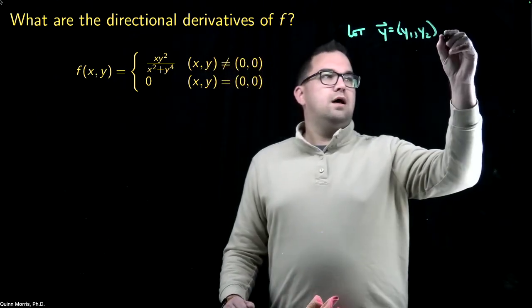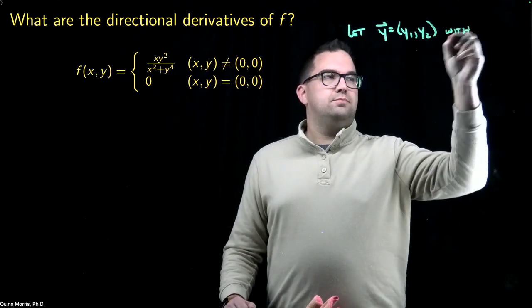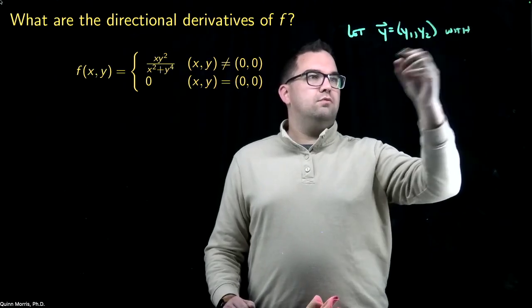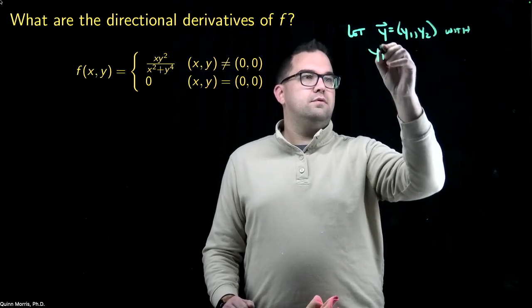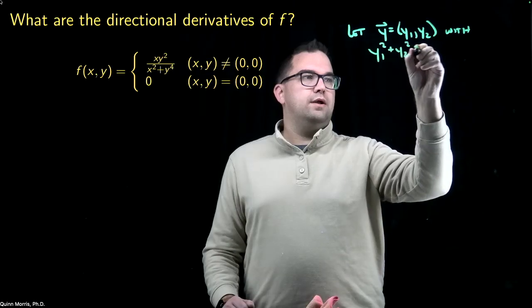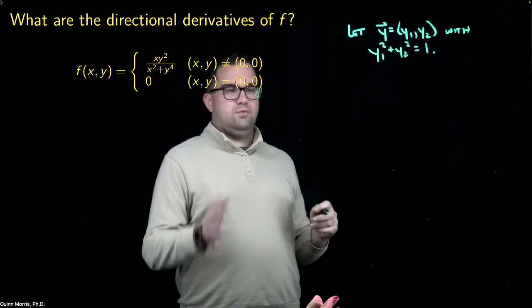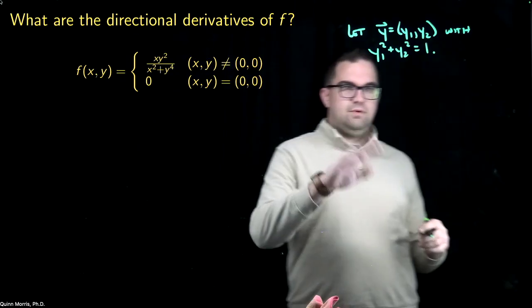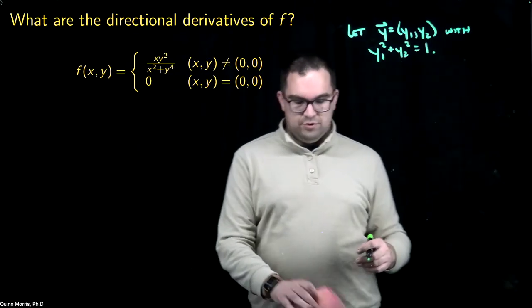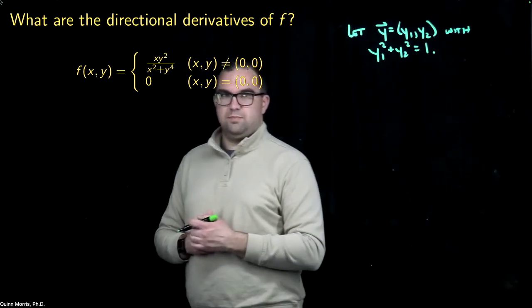It should be a unit vector, so y1 squared plus y2 squared should be equal to 1, although we're not going to make a lot of use of that particular fact, but we'll see where that comes into play in a bit.